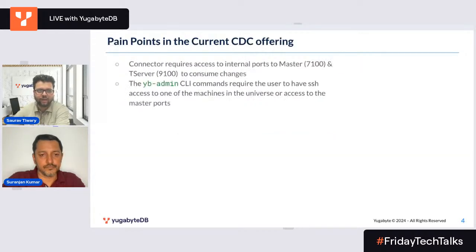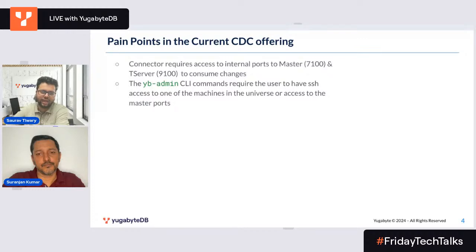Okay. So roughly, I want to highlight 2 pain points before we proceed. The first pain point I already discussed, which is that the connector requires access to internal ports of the T server and master. So if you deploy the connector somewhere else, you need to open up these ports from that network so that it is able to talk via the gRPC protocol, via the RPC protocol.